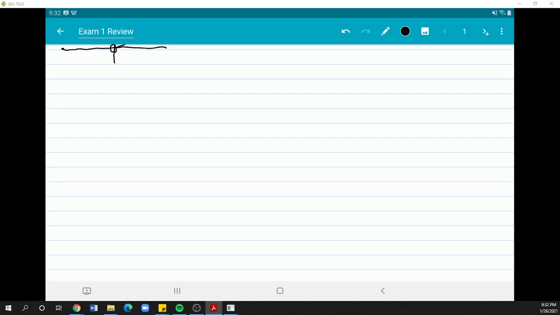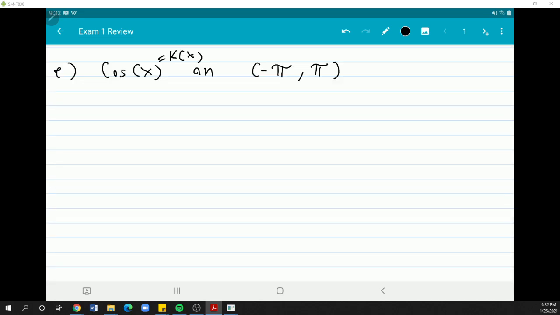Keep going. E, cosine of x on minus pi to pi. And what's the name of that one? k of x equals cosine of x. So let's draw out what that's going to look like.